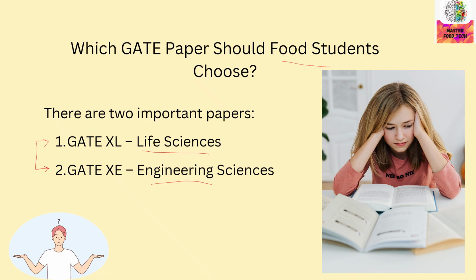So the students who are interested in a science background like chemistry, everything, they can choose life sciences, and the students who are more into the engineering field like mathematics or mental ability, or who are proficient in calculations, they can choose this engineering sciences. So we can discuss this in the next videos.